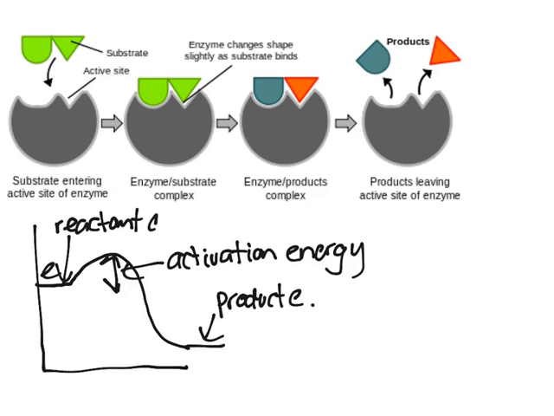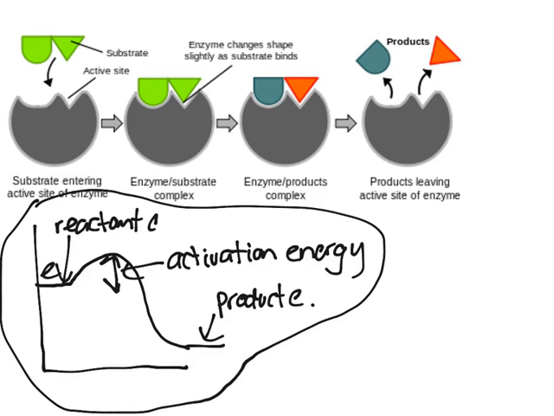And what that is essentially is the amount of energy that has to be put into the reaction for it to go. And so what the enzyme does is the enzyme lowers it. So this whole thing is without an enzyme.